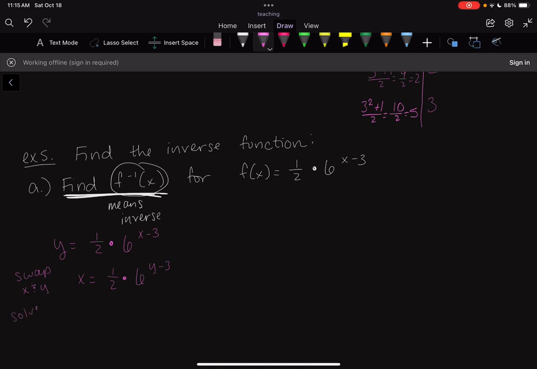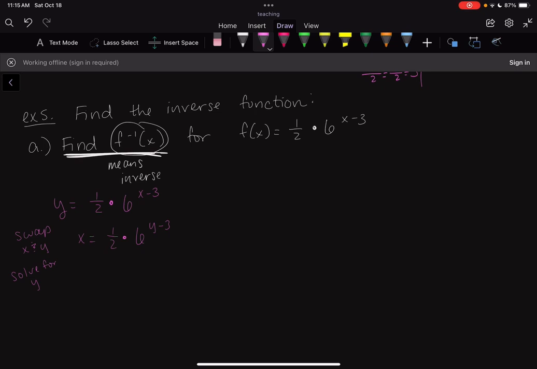And then I need to solve for y. So to solve this for y, I have this multiplied by 1/2, so I can multiply both sides by 2 to get rid of that. That gives me 2x equals 6 to the y minus 3.